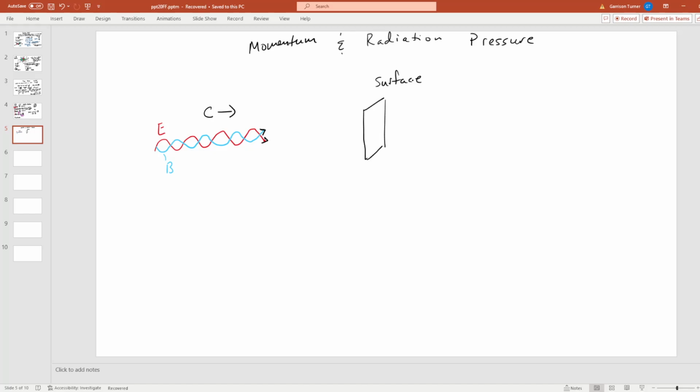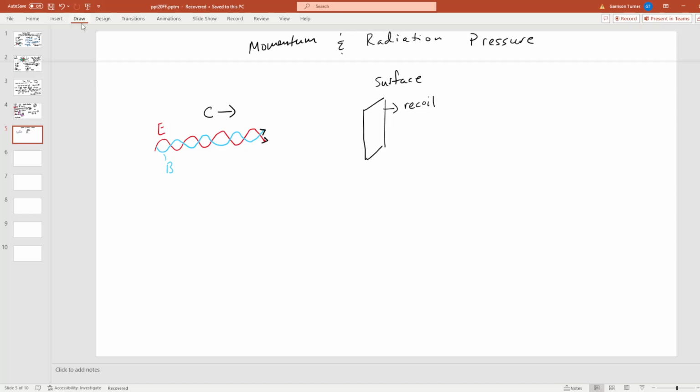Well, if electromagnetic fields are traveling energy, then they should also contain momentum. And by that fact, when an electromagnetic wave encounters a surface, it should impart momentum to that surface, and the surface should recoil once the light hits it.